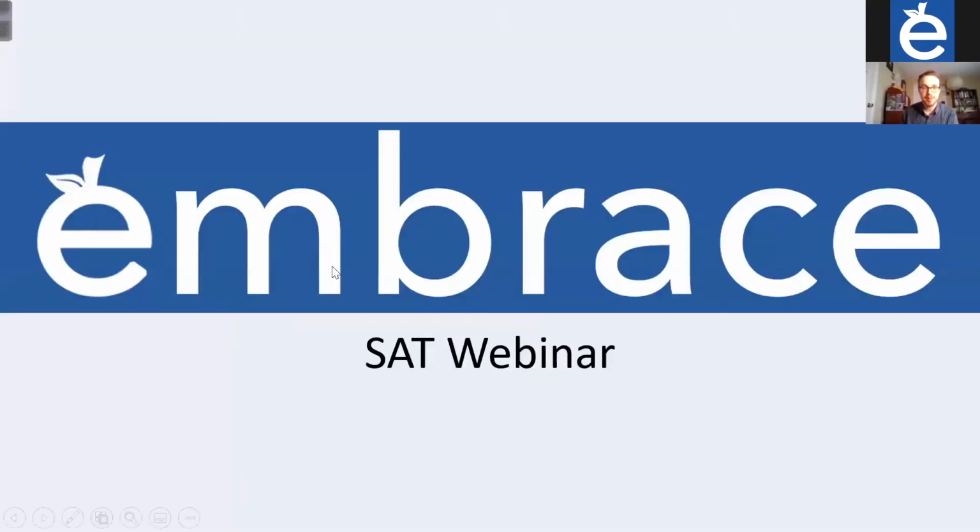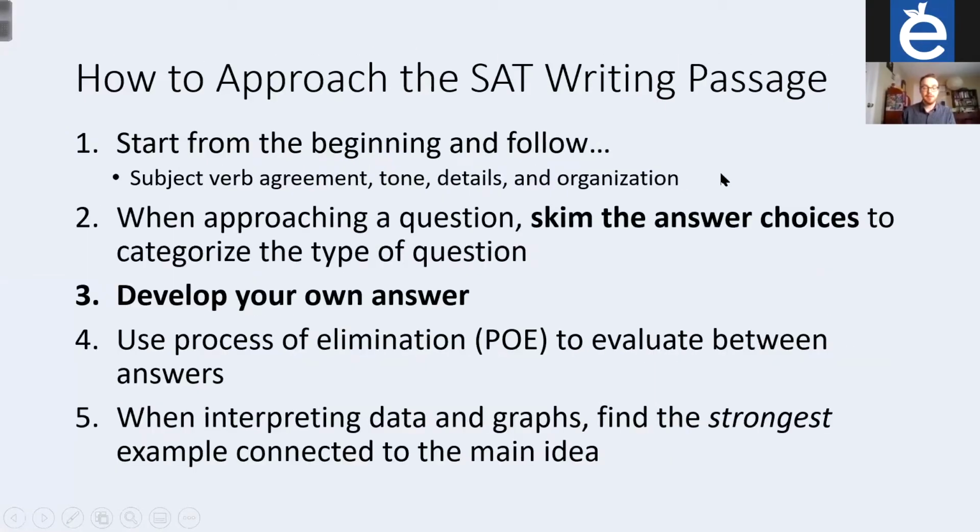This is everything you'll need to know. Really, all you're going to have to do is start from the beginning of the passage, exactly what we tell you not to do in reading comp. But in writing and language, you can really just start from the beginning and answer the questions more or less in order. What we usually recommend is that you skim the answer choices to categorize the type of question.